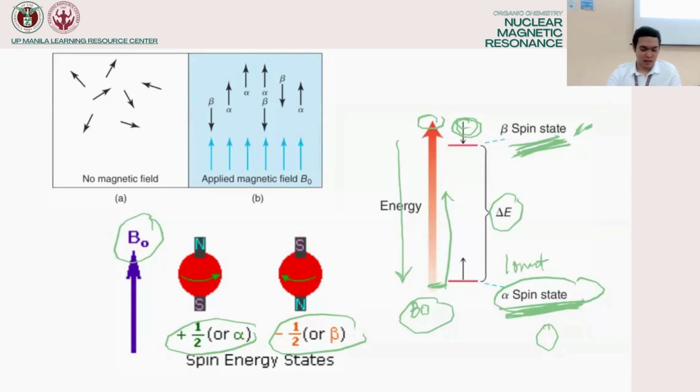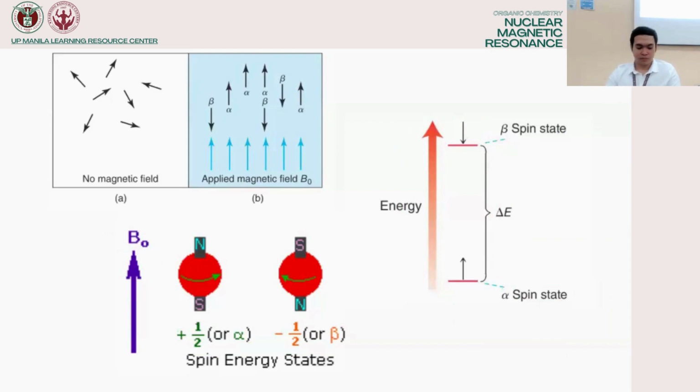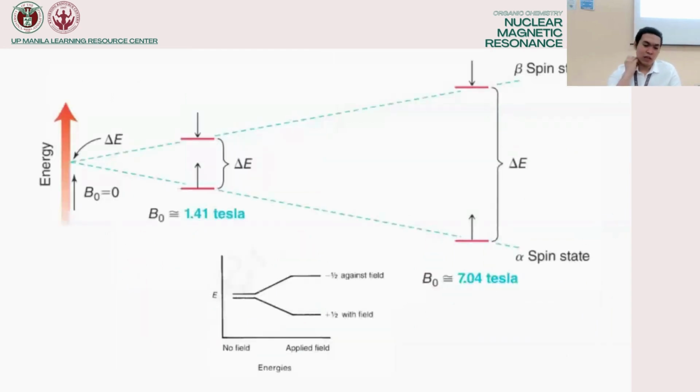So what is the importance of the change in energy state? Let's look. As you can see, our magnetic field strength here is 0. As we increase the magnetic field strength, there's a change in energy.